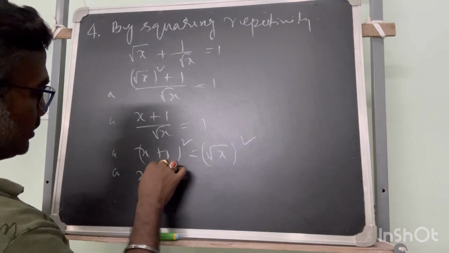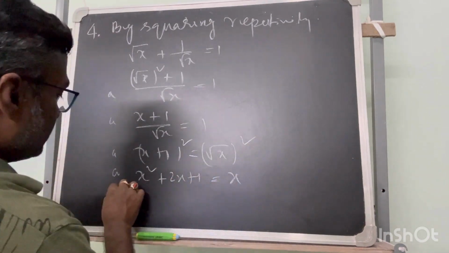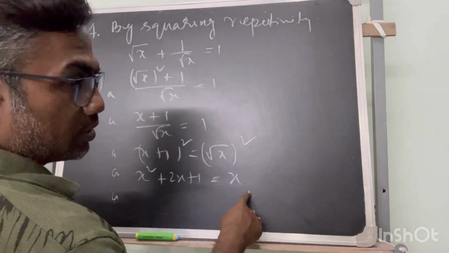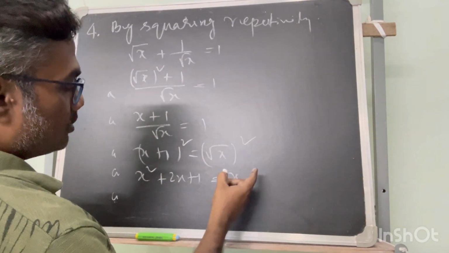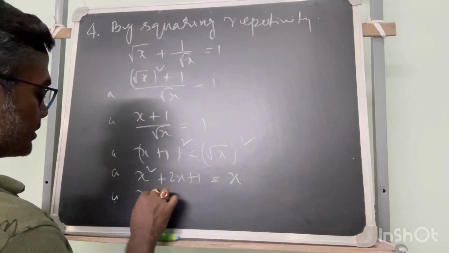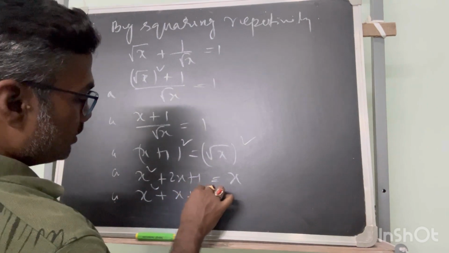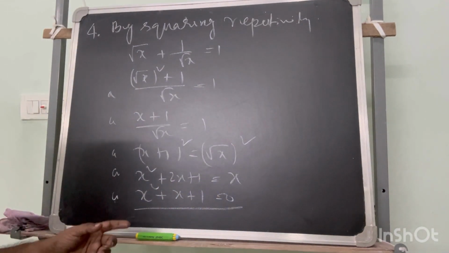Now if I break it, 2x plus 1 is equal to x. Now you see there is no fractional coefficient and no negative. So x can be brought to this side, and ultimately this would be the equation I can conclude here.